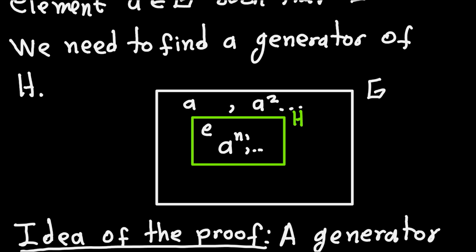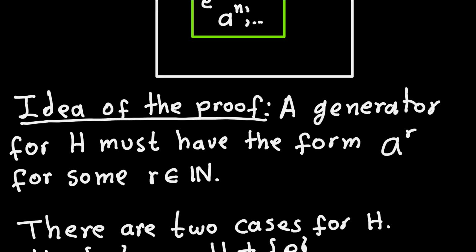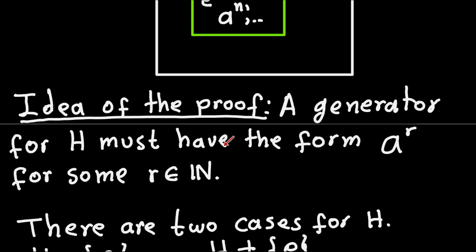So specifically what we are looking for is what exponent I have to put here for this A so we have the generator for H. A is the generator for G, the generator for H will be some other power of the same element A. So that's what I mentioned here. The idea of the proof is a generator of H must have the form A to the power of some exponent, and that exponent, we want it to be in the natural numbers.